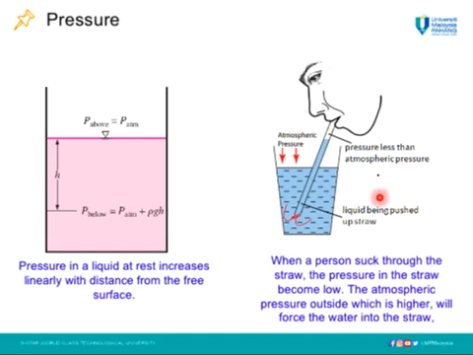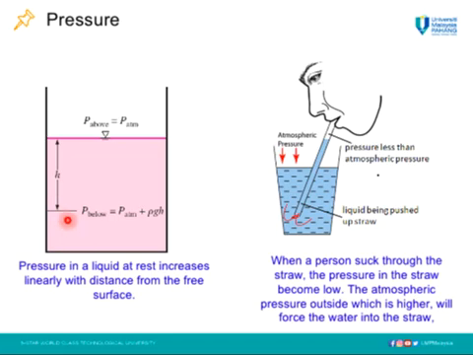The atmospheric pressure exists around us. One example of its application is when someone uses a straw to drink. When this person sucks through the straw, pressure in the straw becomes low. The atmospheric pressure outside, which is higher, will force the water into the straw. So let's say we have a container filled with liquid.